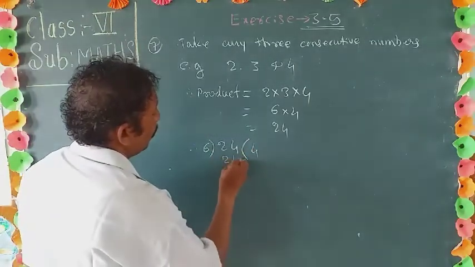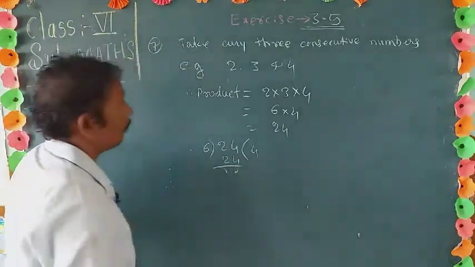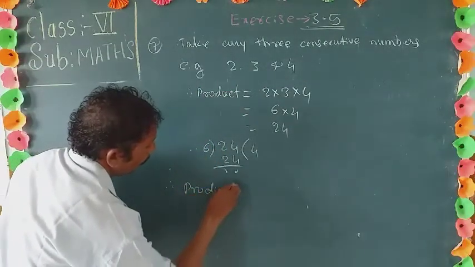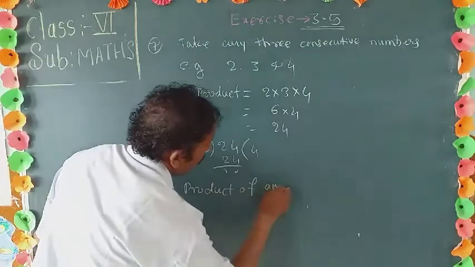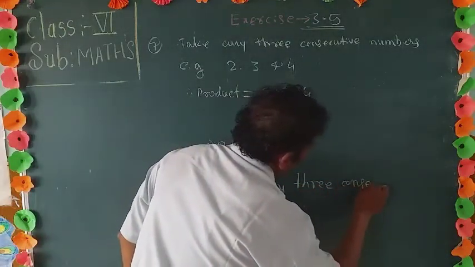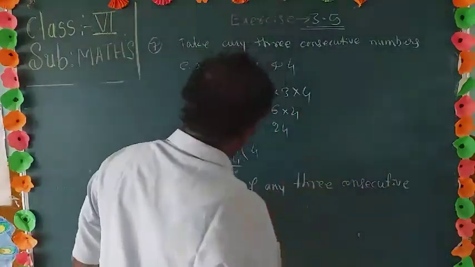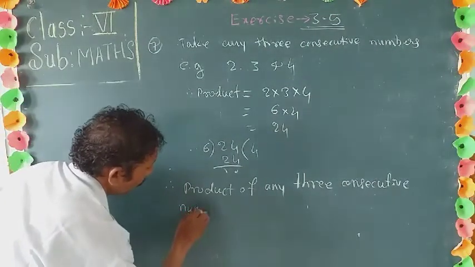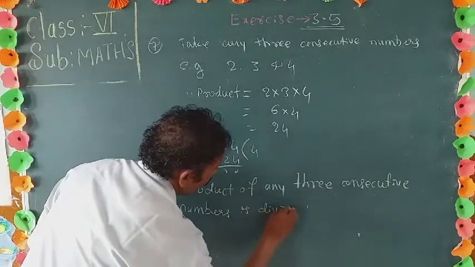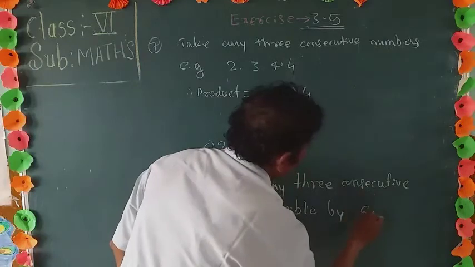Therefore, the product of any three consecutive numbers is divisible by 6.